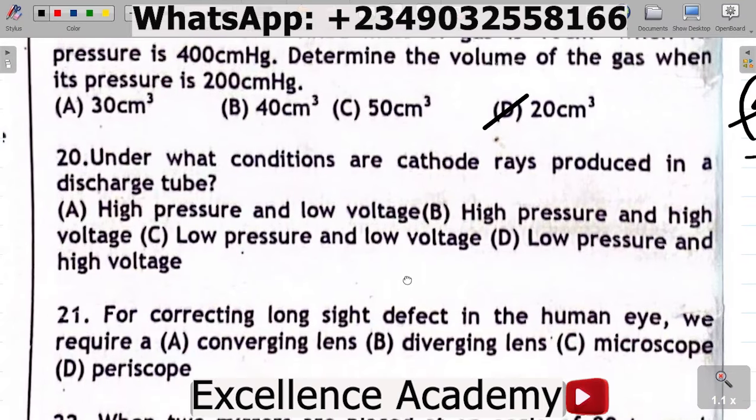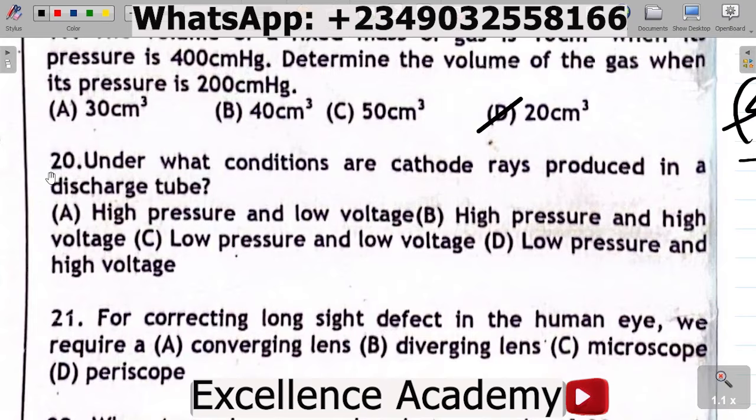All right, next up, question 20, the last one for today. The last one for this session, question 20 says, under what conditions are cathode rays produced in a discharge tube? A, high pressure and low voltage. B, high pressure and high voltage. C, low pressure and low voltage. D, low pressure and high voltage.